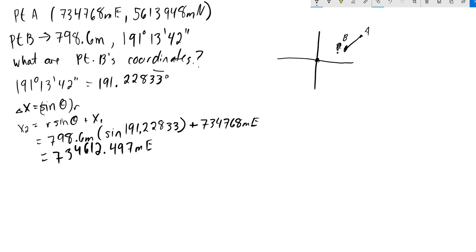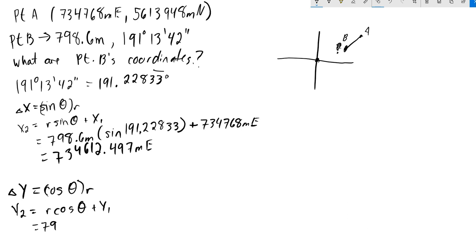So we're good there. Let's move into delta x, or sorry, delta y. We're trying to find the y coordinate of point 2. This equals cos theta times r, or y2 equals r cos theta plus y1.